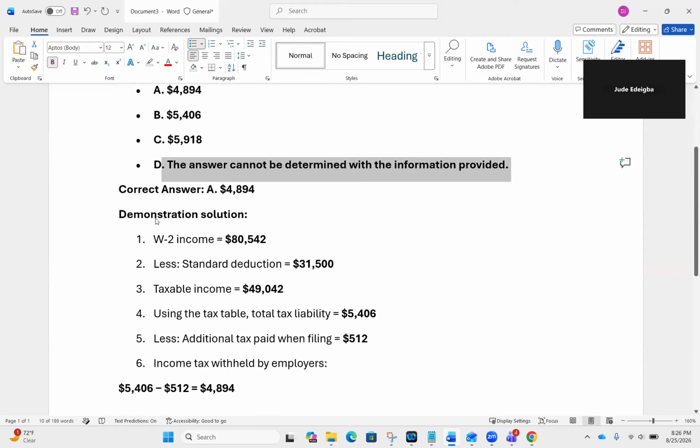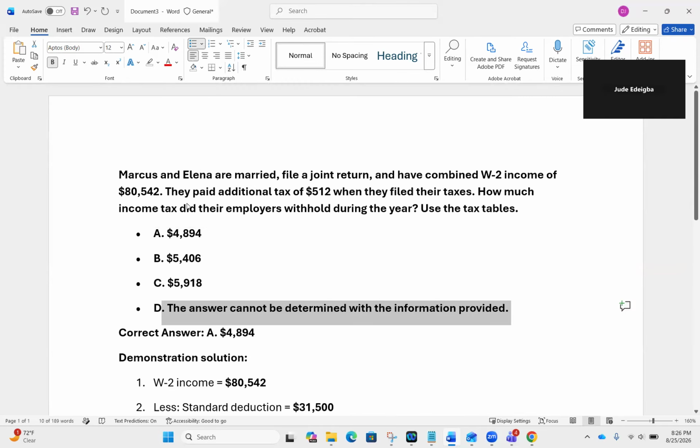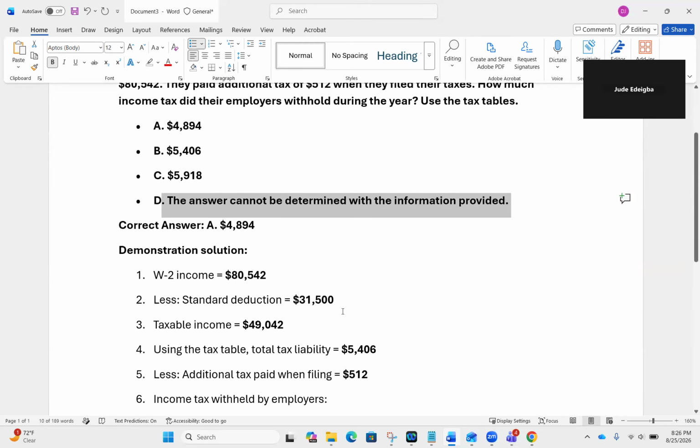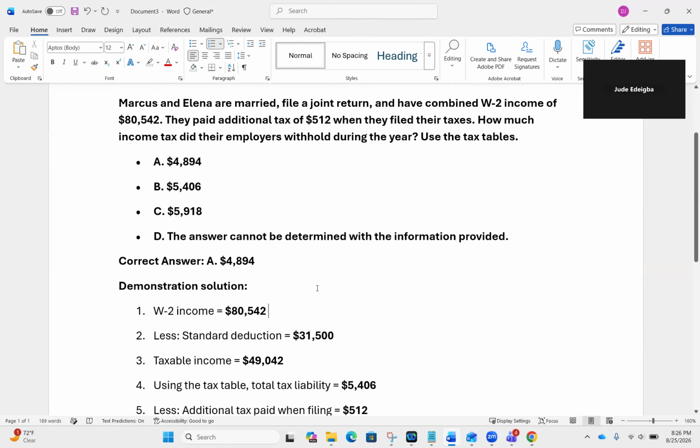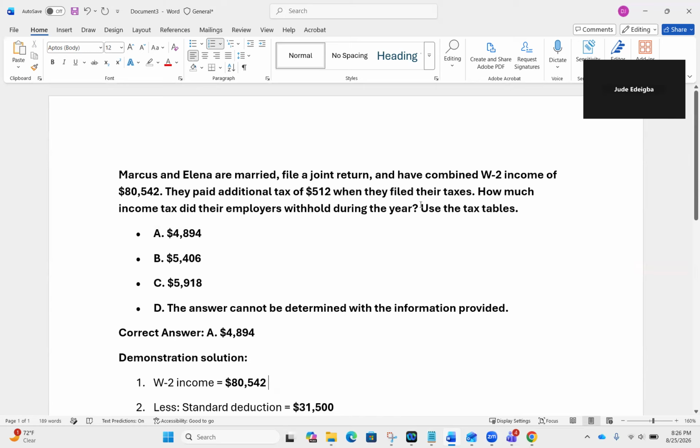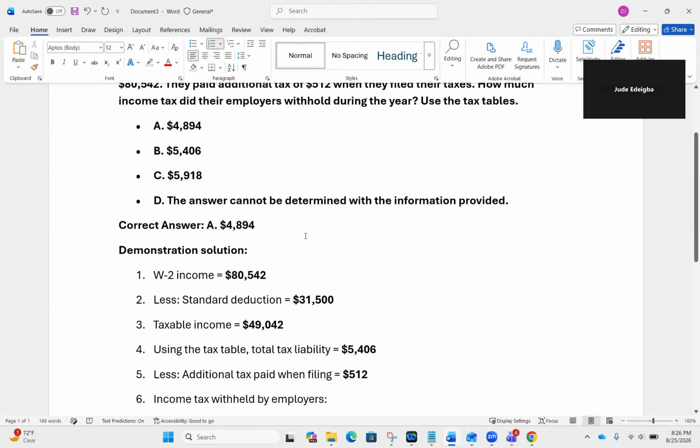So right here, the solution is you have $80,000 that this individual earned, and then the next thing you have to do, you will need to less the standard deduction from the $80,542. Now, the interesting thing that is stated here is the combined W-2 income. So there's no additional information about permitted deductions.